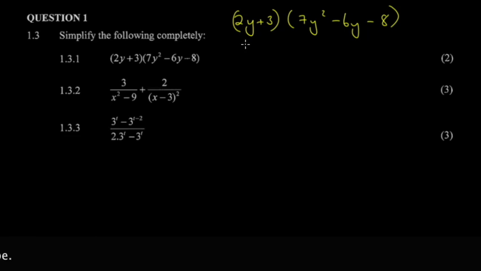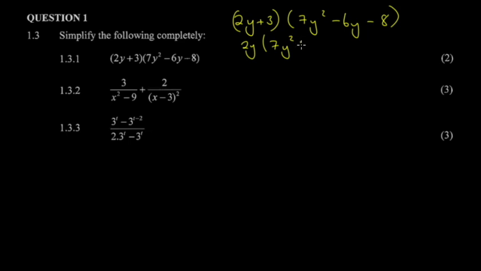Since you just have 2 brackets, you can multiply the first entry first, then the other entry takes its turn to multiply the same thing. So this was actually minus 6y minus 8 here. Then you have plus 3 times 7y squared minus 6y minus 8.